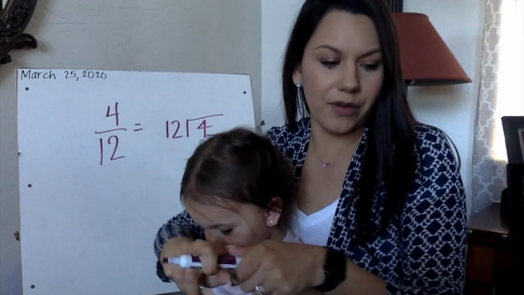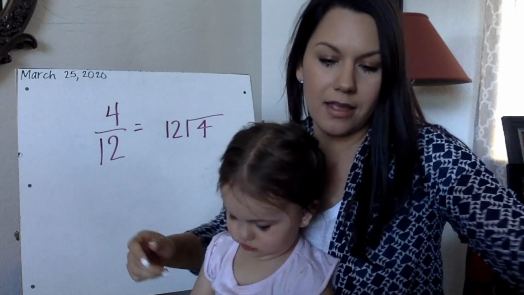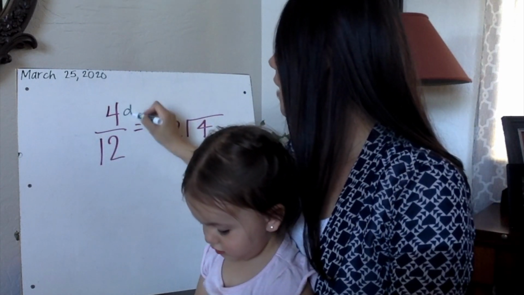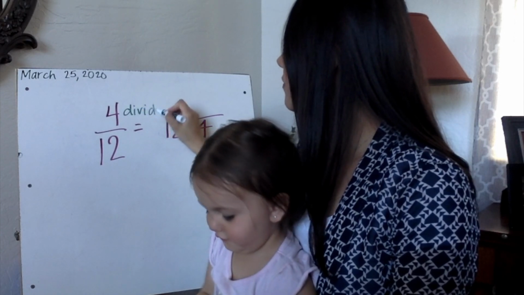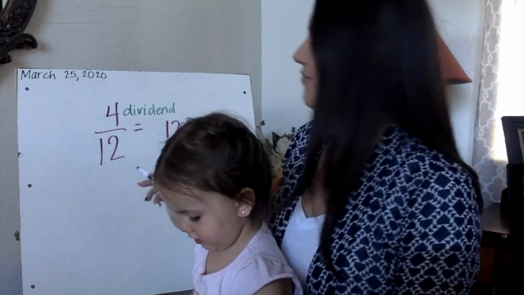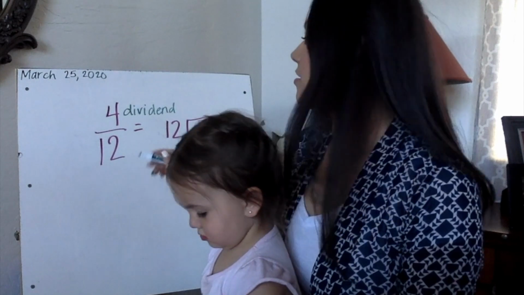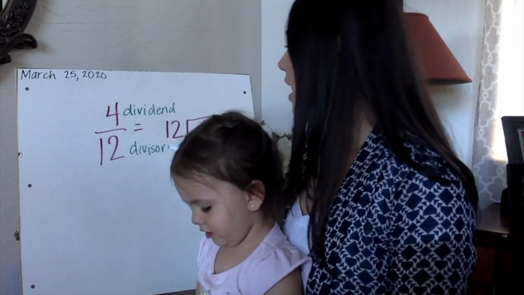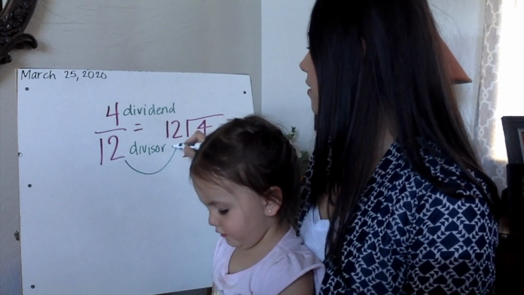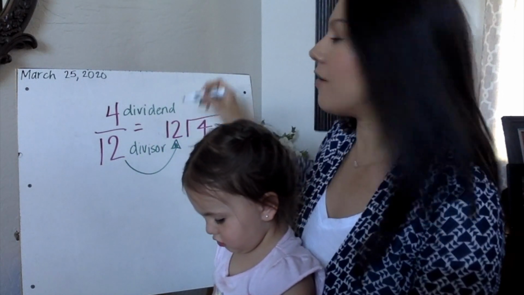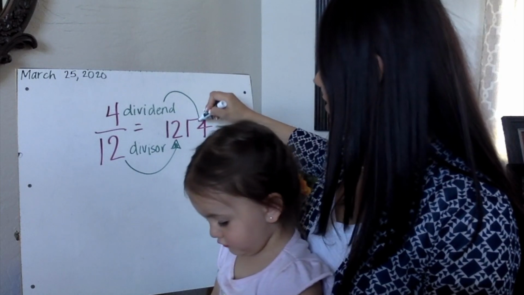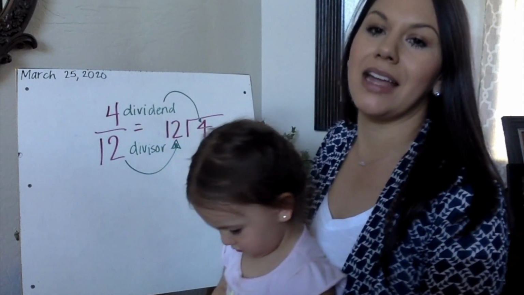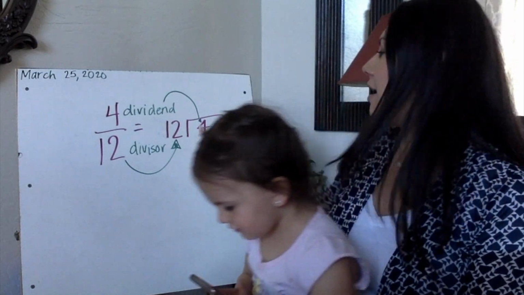Our numerator is always going to be our dividend. Our denominator is always going to be our divisor. And as you can see, divisor is always outside. Our dividend is always inside our division symbol.